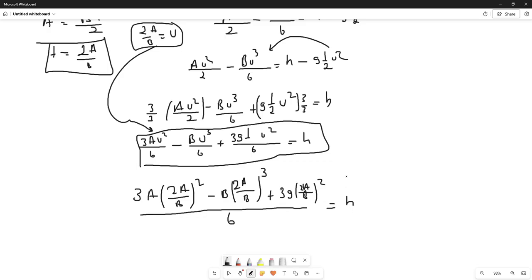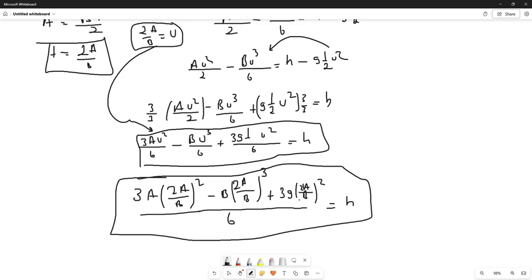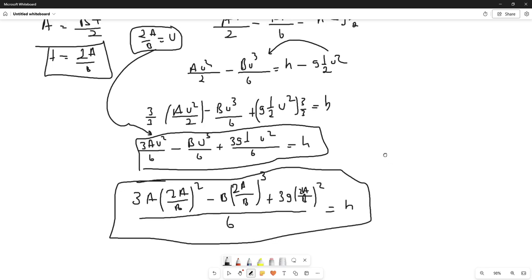This is h. I know, guys, it looks very bad, but what can we do?